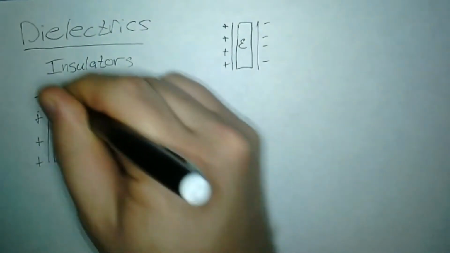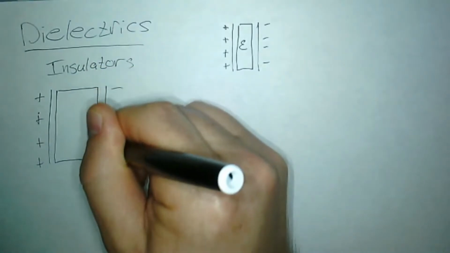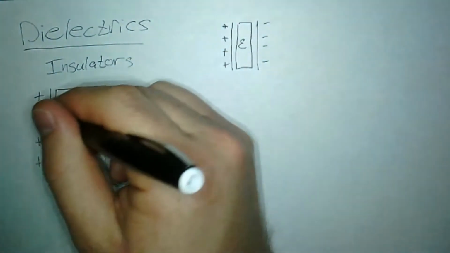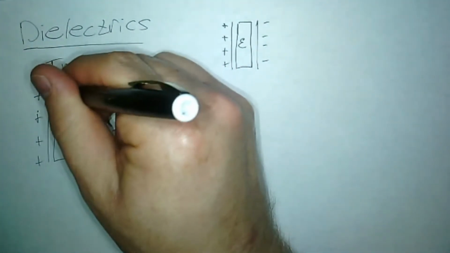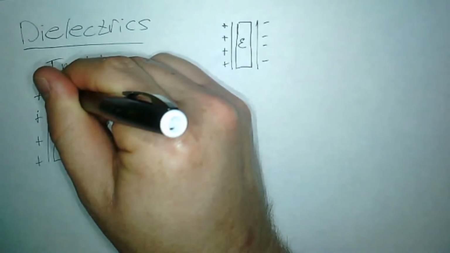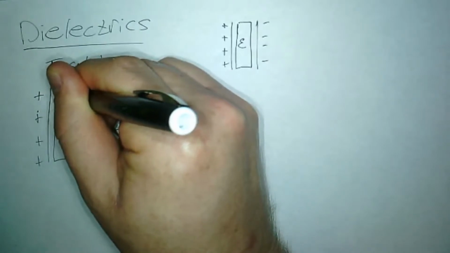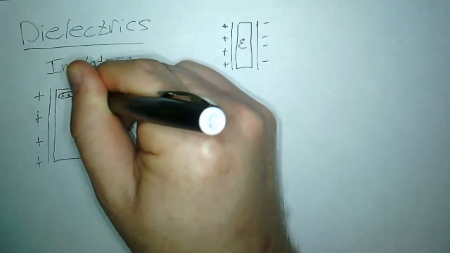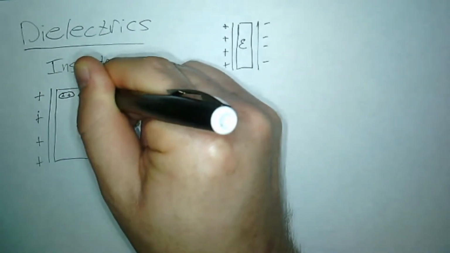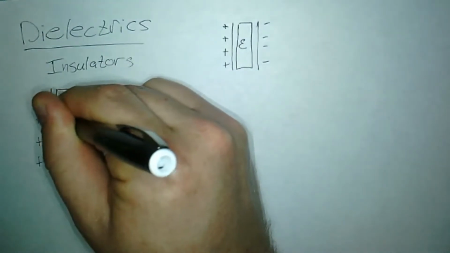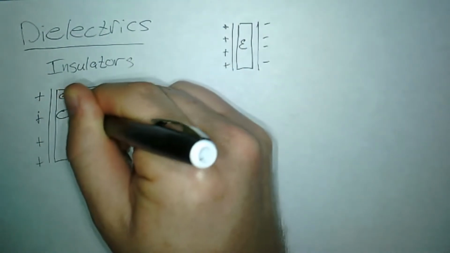So here's your dielectric in the middle. Normally the field goes right to left. A dielectric, you can think of it as several small dipoles inside. I'm just going to draw two sets for each one, just to be expeditious.